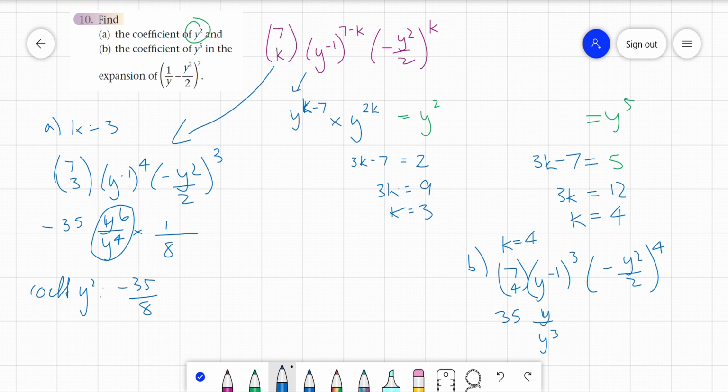And y squared to the power of 4 is y to the power of 8. 8, 7, 6, 5, so y to the 5 is correct. Now don't forget it's got a 2 on the bottom. 2 2s are 4, 4 4s are 16, so we've actually got 1 on 16 as well. So that means the coefficient that we're looking for of y to the 5 is 35 on 16.